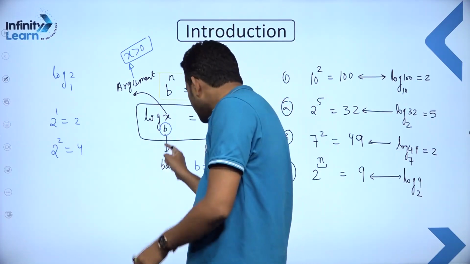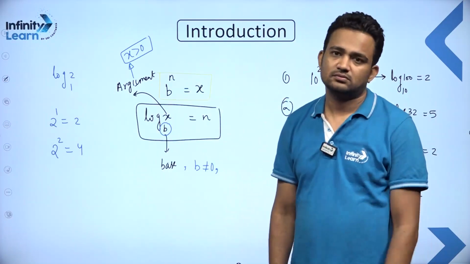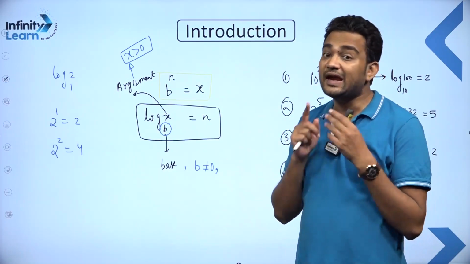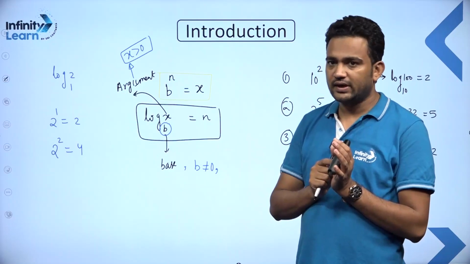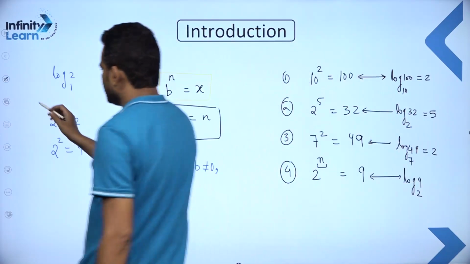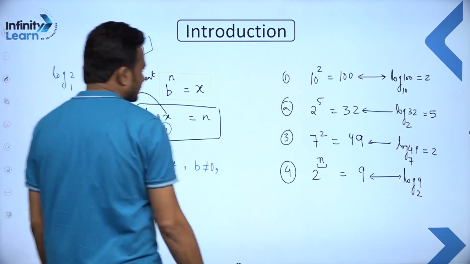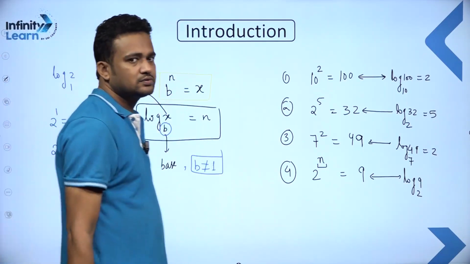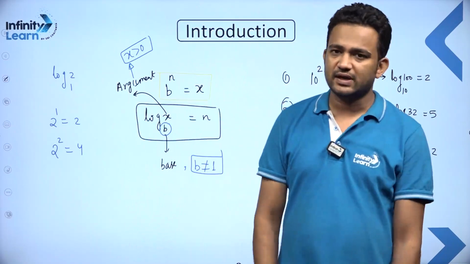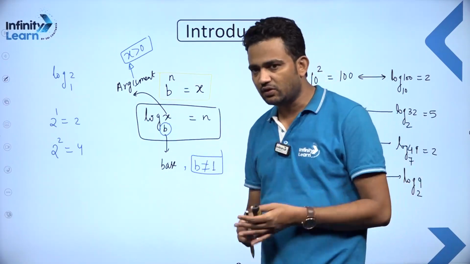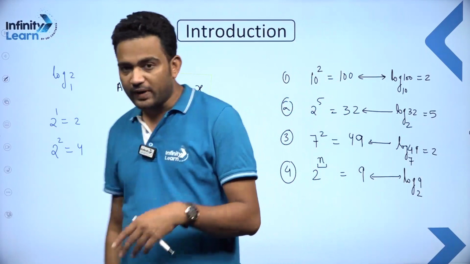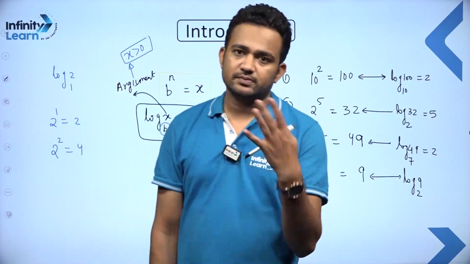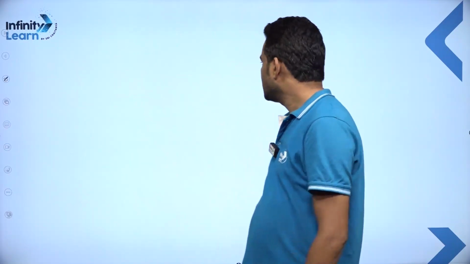So we cannot take b as 1. Means the value of b cannot be 1. Right guys? So instead of 0, we can write that the value of b cannot be 1. Understood? So hopefully all these concepts are clear. These are the basic things and you should know all of them. Okay. Let's move ahead guys and try to solve some questions, right?